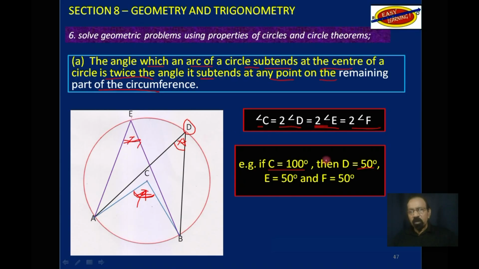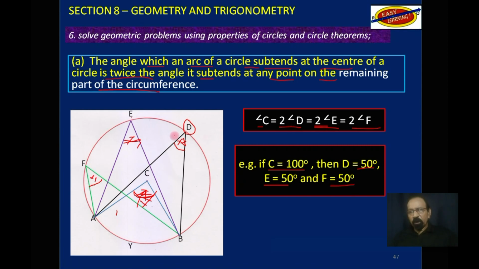So it will be 2E, or 50 degrees if C is 100. And you take another point here, say F, and you do the same thing. That angle there is half as much as the one in the center, or the one in the center is twice the one on the remaining part of the circumference.